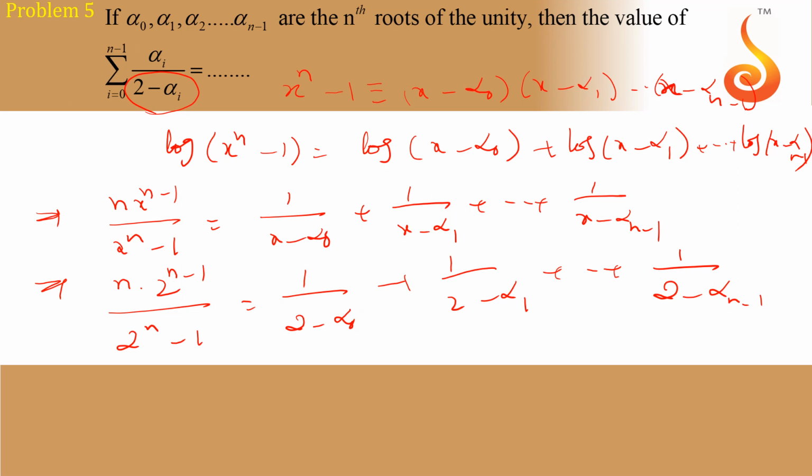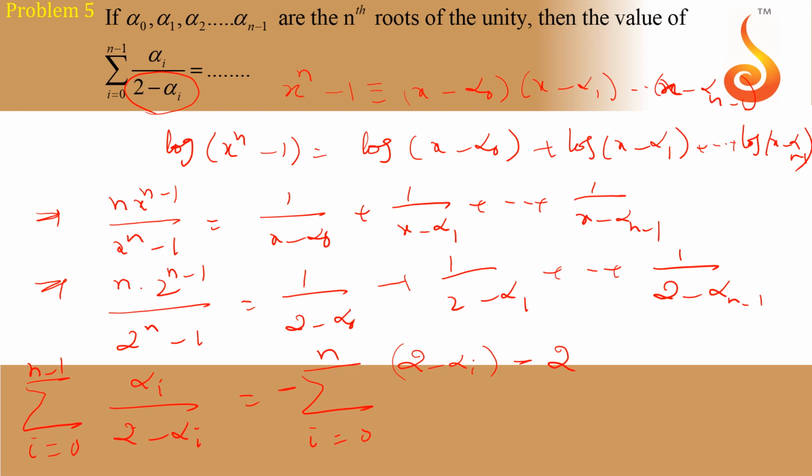But your question is the summation for i = 0 to n − 1 of αᵢ by (2 − αᵢ). So can I write this with αᵢ, you have αᵢ, no? So I'll write a minus sign here, 2 − αᵢ, plus 2 if I write. So actually, minus 2.